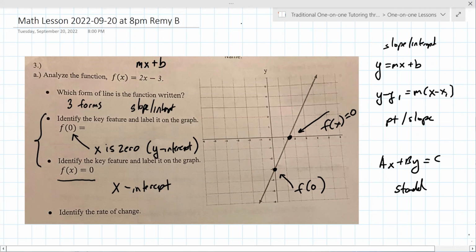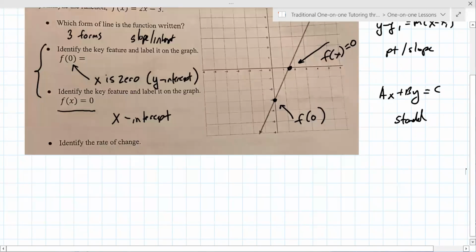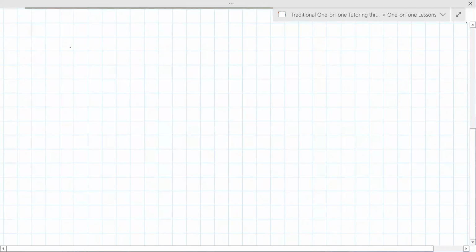So let me just get a little more space here. The function f of x equals 2x minus 3, and they want f of 0. This literally means that x is 0. So wherever you see an x, you're going to put 0 in: 2 times 0 minus 3.